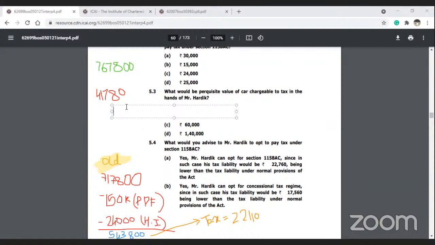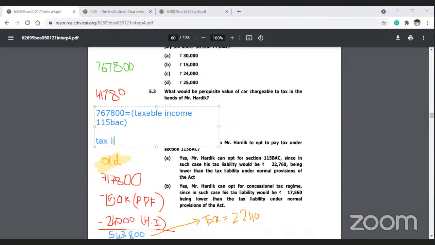Oh wait, I'll type it over here. ये सही है. This is the taxable income of 115 BAC. Finally 41,777. हाँ राइट राइट. घाई घाई में उल्टा लिख दिया.